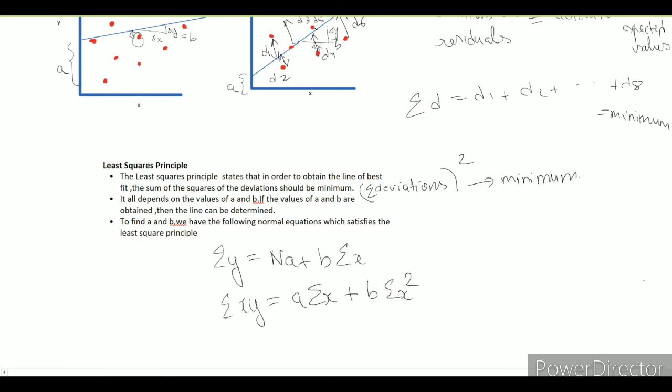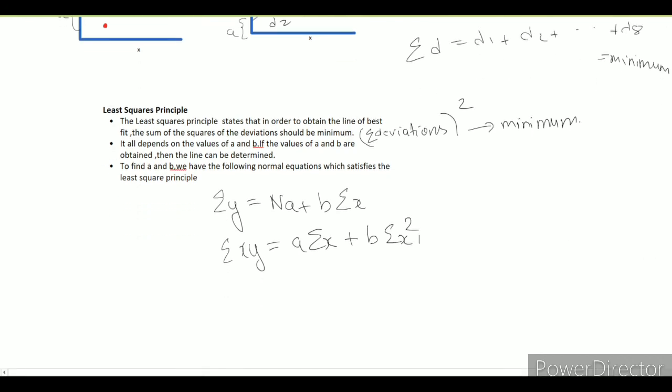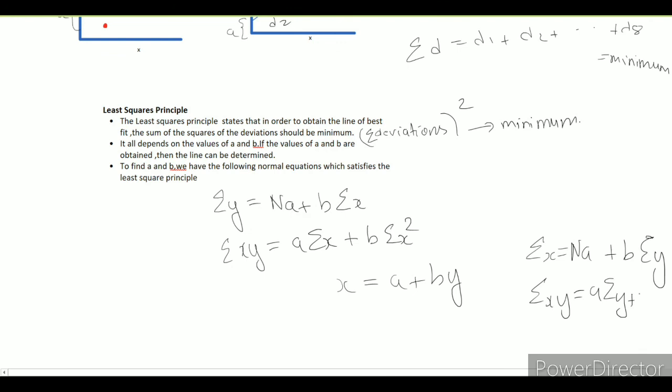And suppose we want x to be the dependent variable, suppose we want it to look in this way. Same principle, same idea, only the normal equations will look a little bit different. So in this case we have something like this: Σxy equal to aΣy plus bΣy². By solving these normal equations, you get the values of a and b, the intercept and the slope, which gives us the line of best fit.